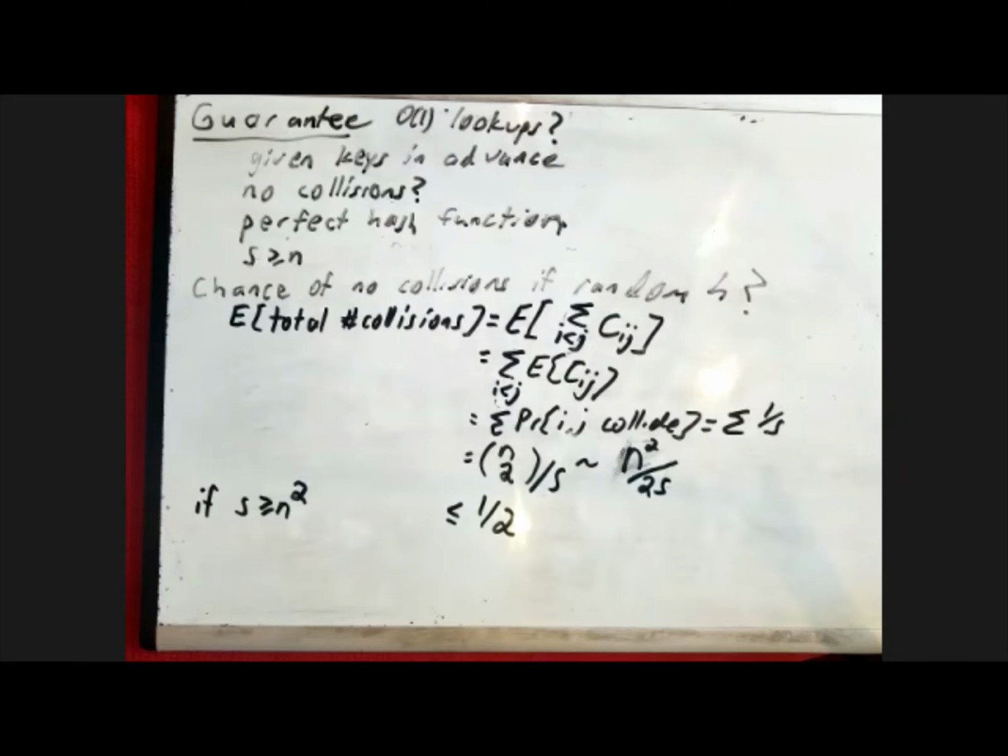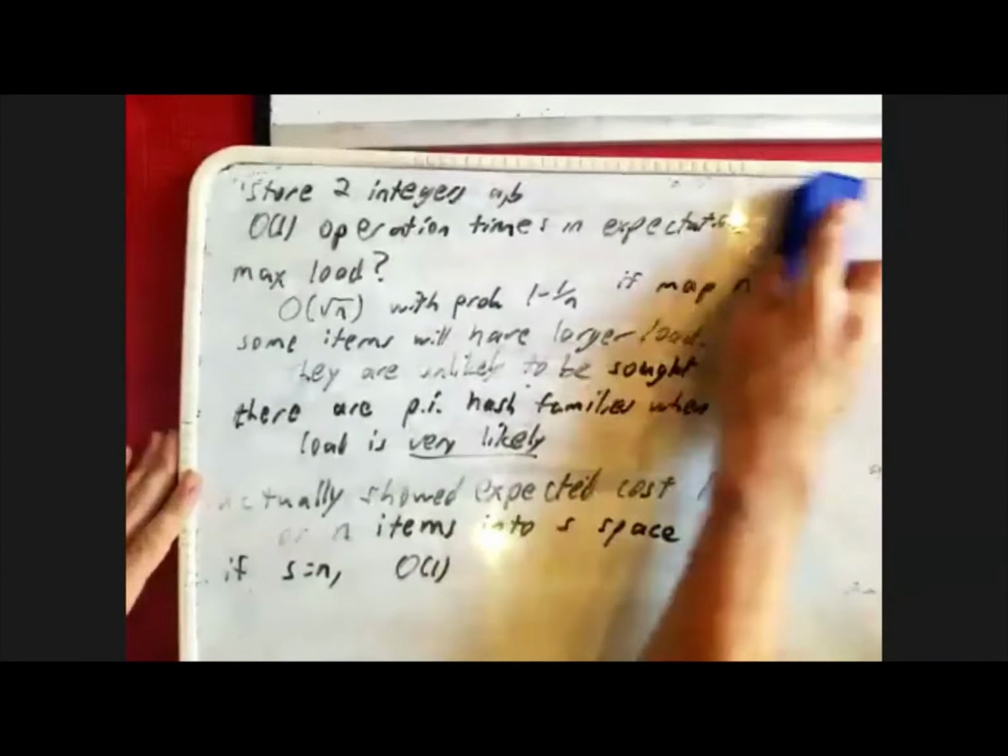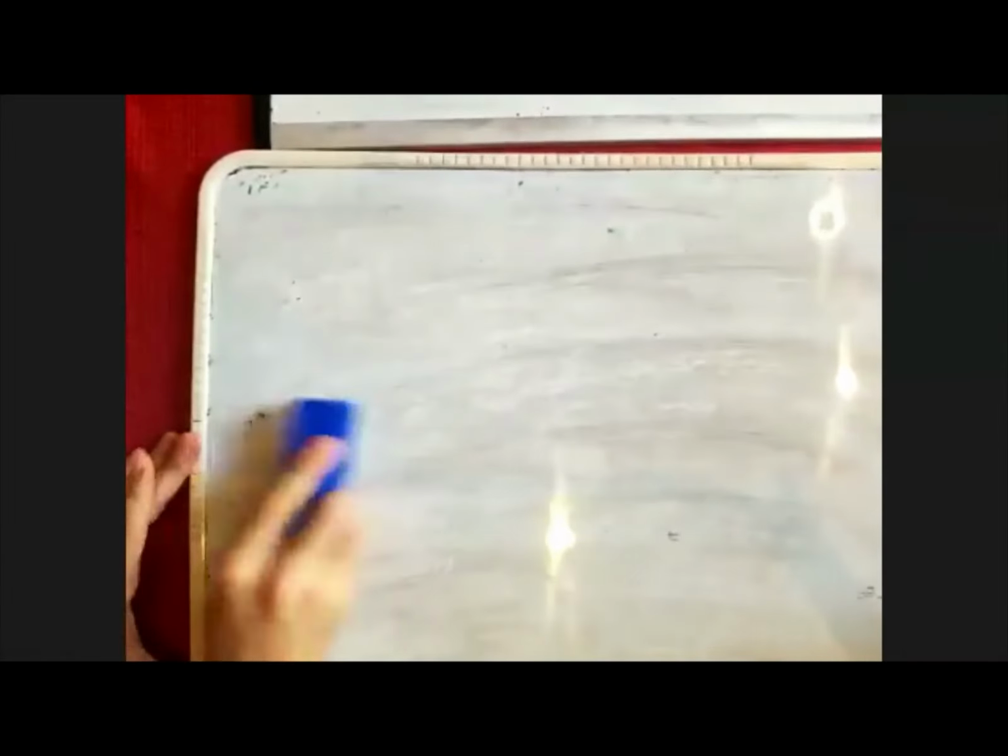Now that's pretty nice, but a half is not 0, right? On the other hand, we can't really have half a collision, right? So we can use a well-known method to get from half a collision to 0 collisions.